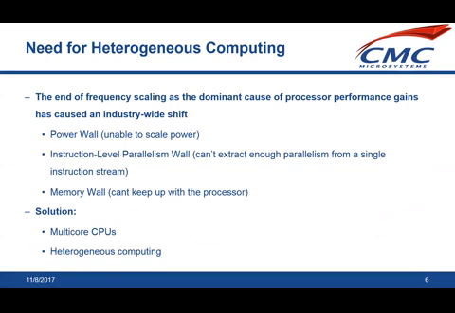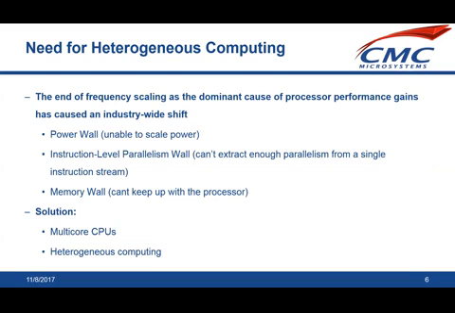Here is a brief introduction about the need for heterogeneous computing. As you might already know, the end of frequency scaling as the dominant cause of processor performance gains has caused an industry-wide shift to multi-core CPUs and heterogeneous computing systems.